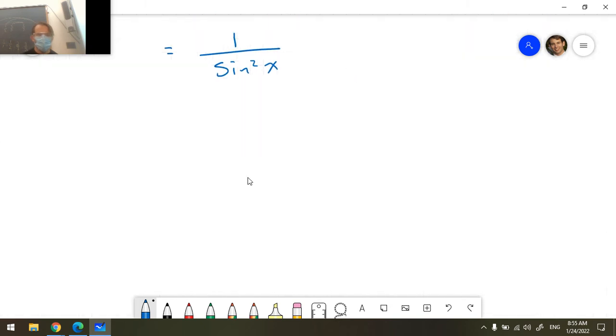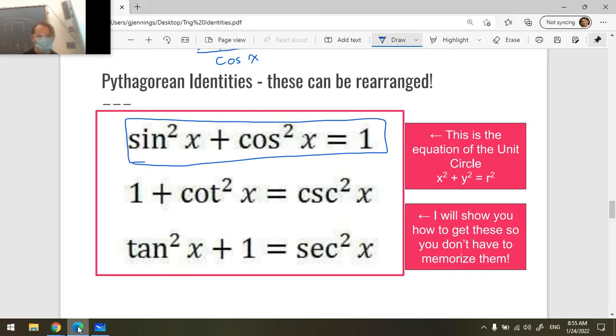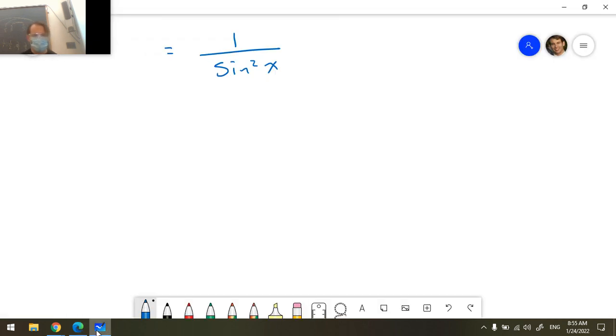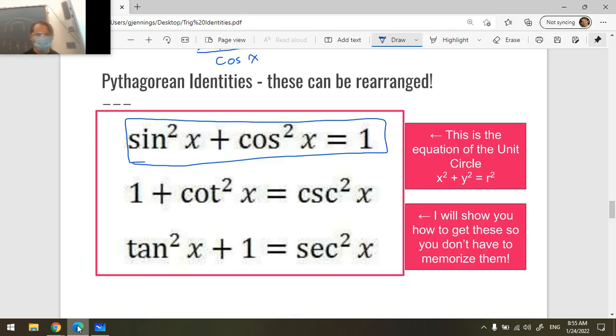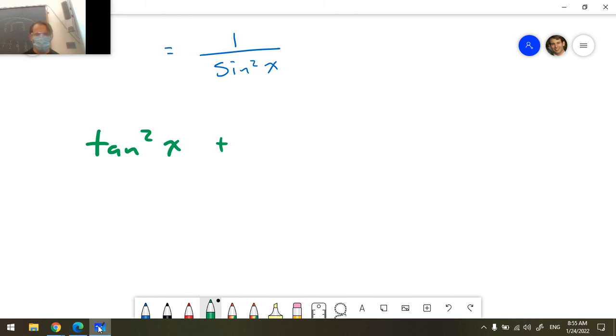The other one, I believe, was tangent squared. Yeah, tangent squared x plus 1 is equal to secant squared x. Well, that one's going to prove in exactly the same way, and I'll show you. So here is tan squared x plus 1 is equal to secant squared x.